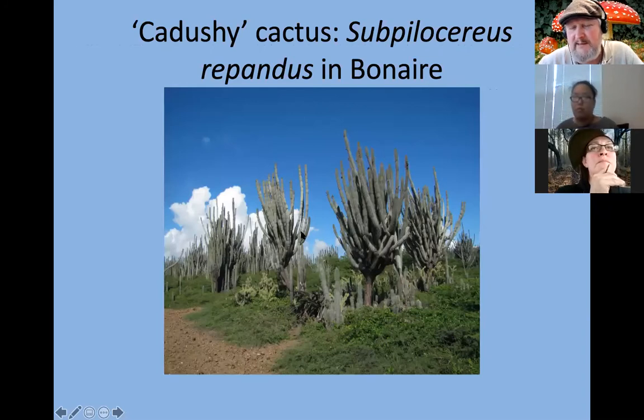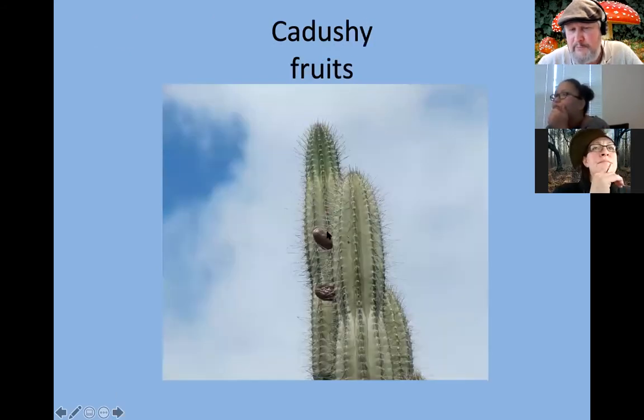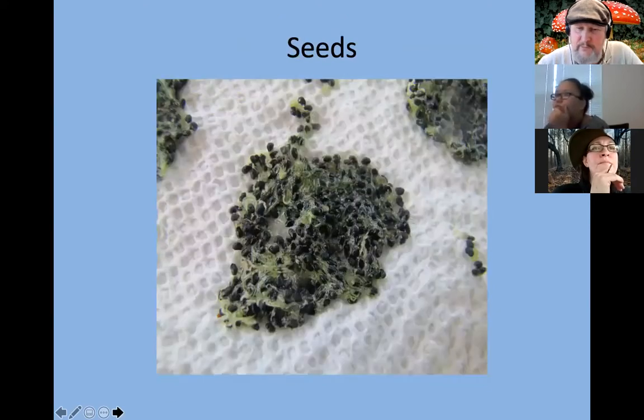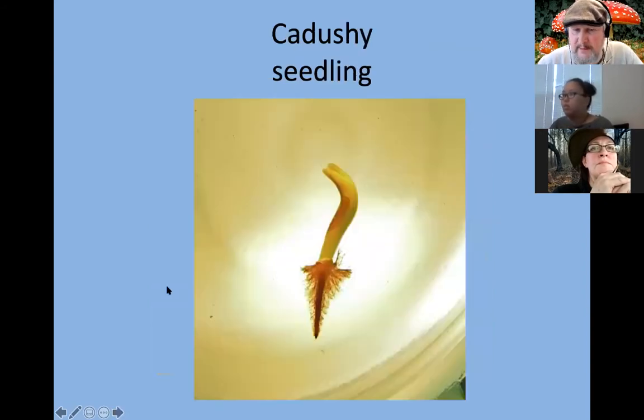You can see these cacti are huge, and they carry endophytes as well. If you look at their fruits, they produce seeds inside. If you take those seeds out and place them under clean, aseptic conditions to germinate them, here you can see the seedling from one of those seeds.